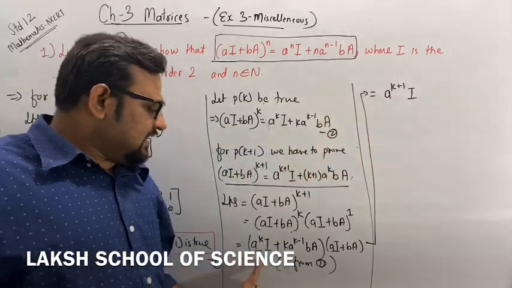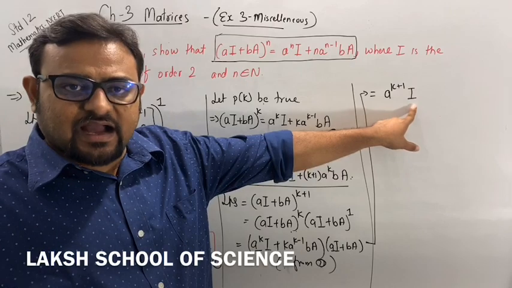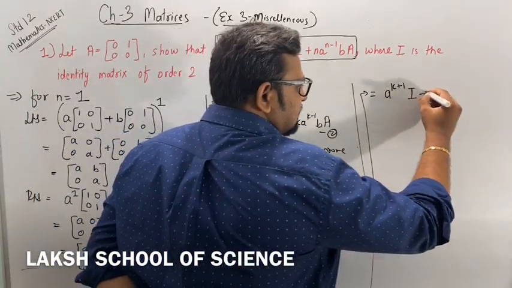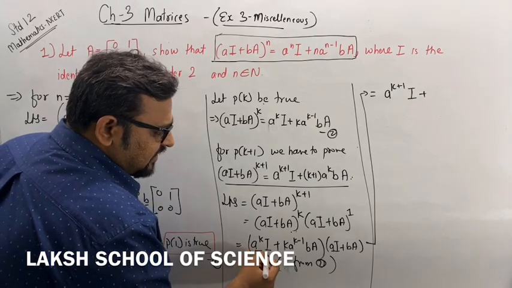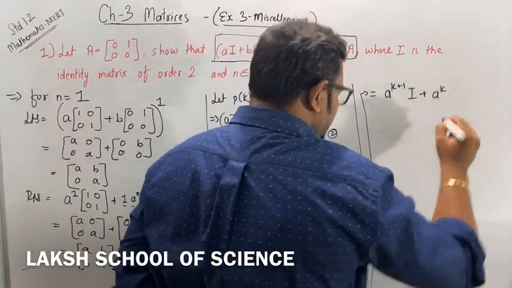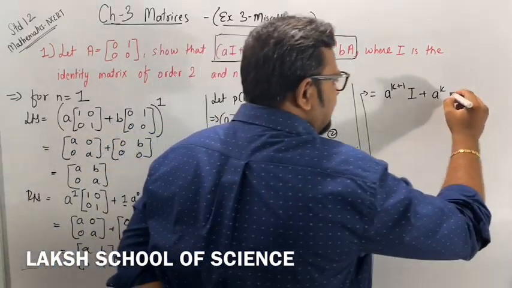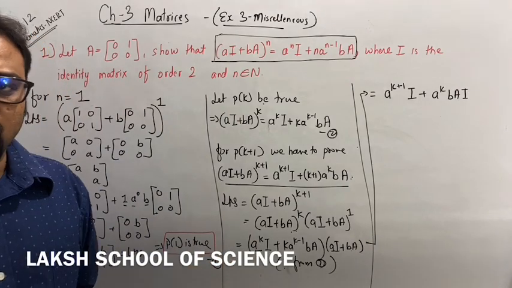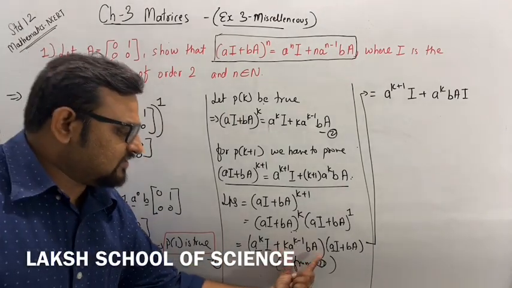So I into I will be I, the identity matrix. Clear? Plus A raised to k I into BA, so A raised to k BA, and this I. Okay, now multiply this one.